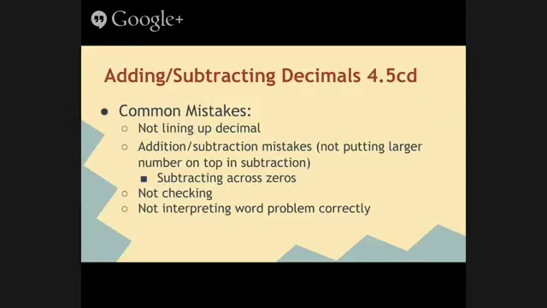So practice addition and subtraction as much as possible, in addition to multiplication and division. Basically, the basic operations are the foundation for everything in math, so it's very important that they're strong in all their computation. Another mistake is not checking their work, because even if they make an addition or subtraction mistake, and then they check it and it doesn't match up, they know they made a mistake somewhere.